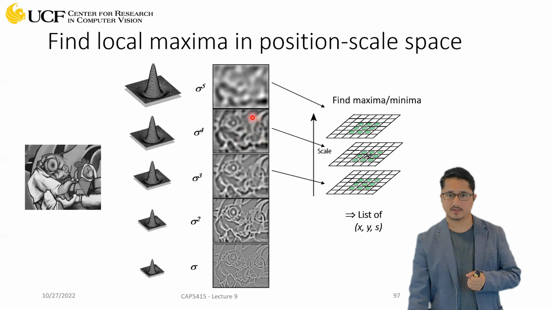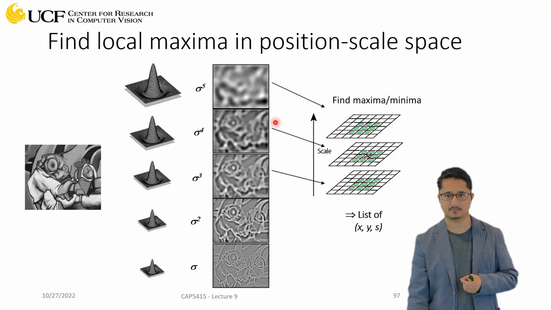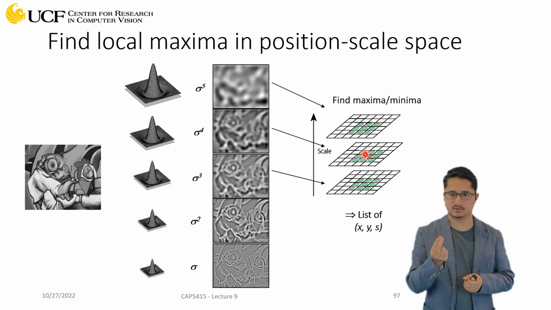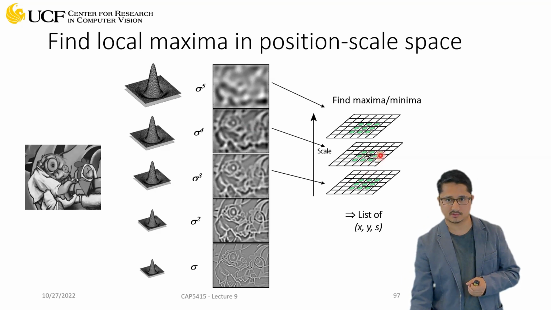Let's say we are interested in the 4th scale. We take this heat map, and this shows the grid formation for the same heat map. Let's say we are looking at this pixel location. We will look at the activations of the neighboring pixel locations, the green ones.